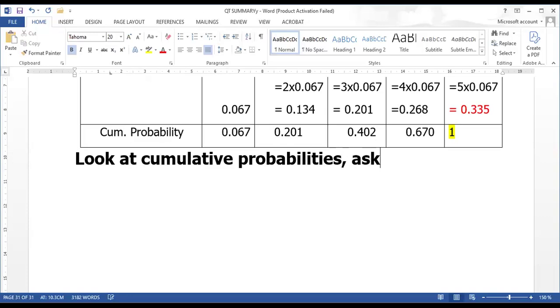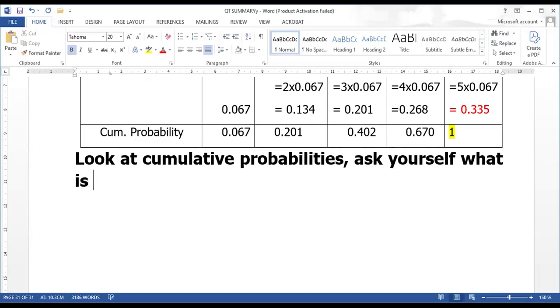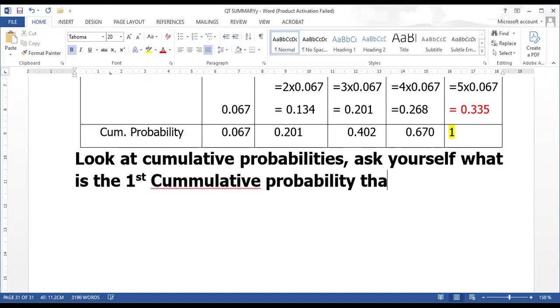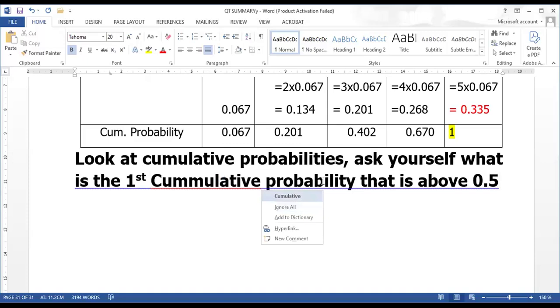Then ask yourself, what is the first cumulative probability that is above 0.5?